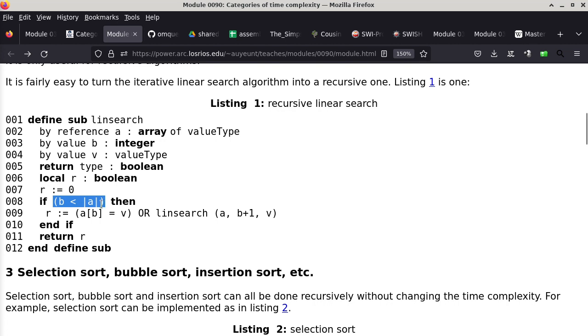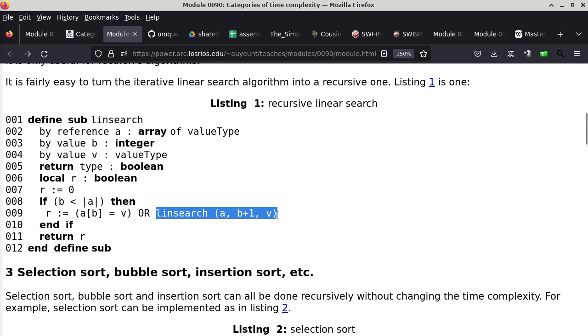Okay. And this part here, I think we can assume this is also constant time. Once again, if the array is actually a linked list, this is not going to be constant time. But assuming that we are indeed using a typical array, this is still constant time. So the only thing that is not constant time is going to be the recursive call of lin search.